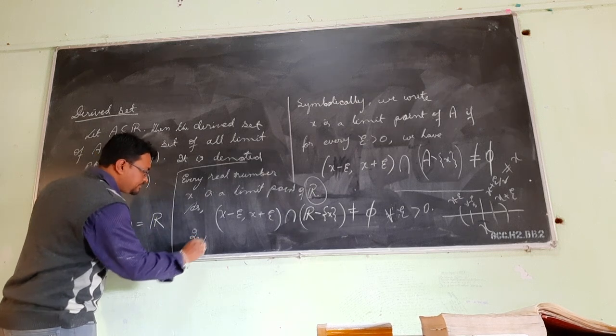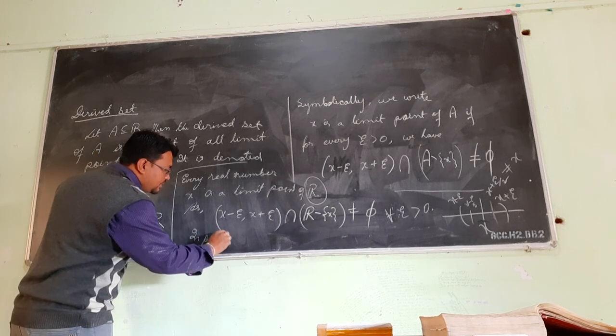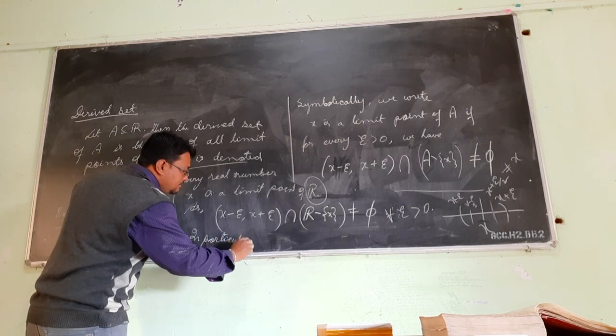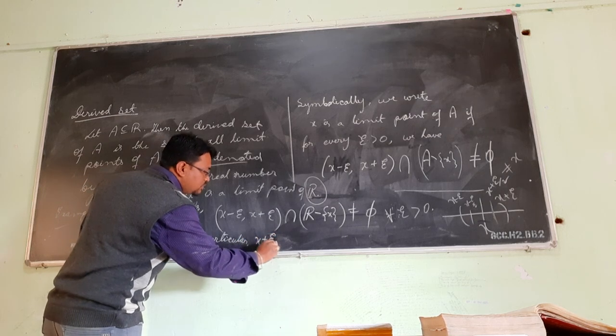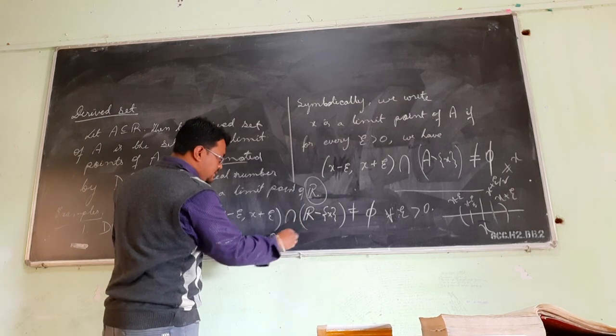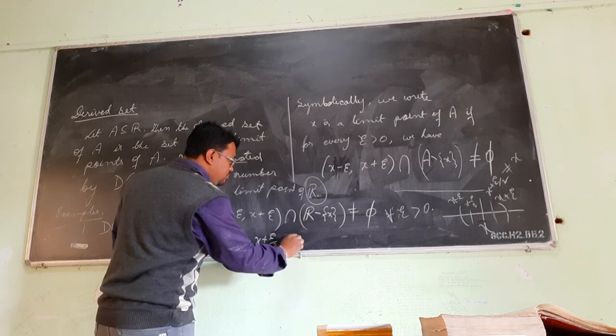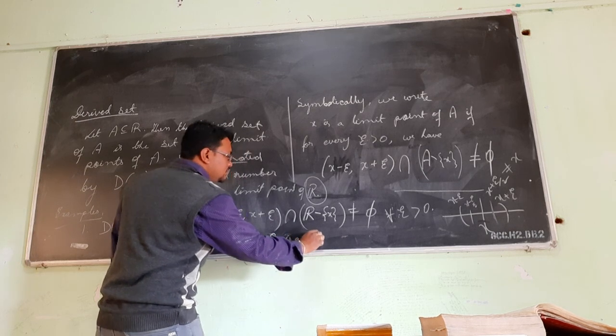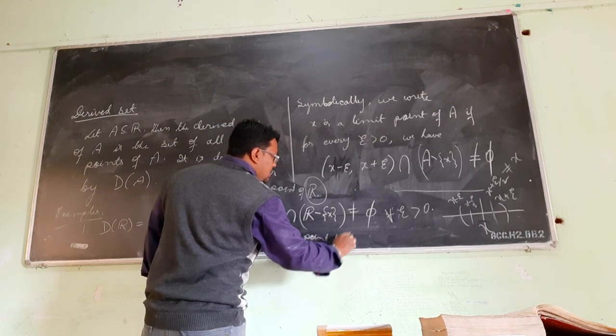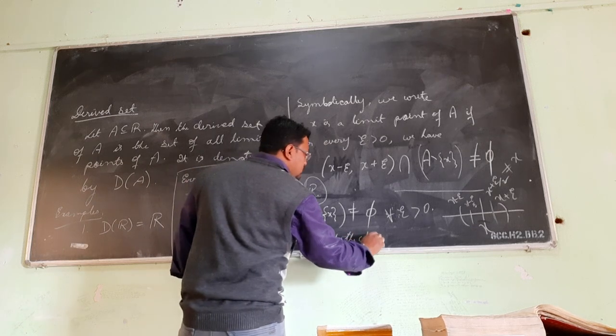In particular, x plus epsilon by 2 is a point in the above intersection.